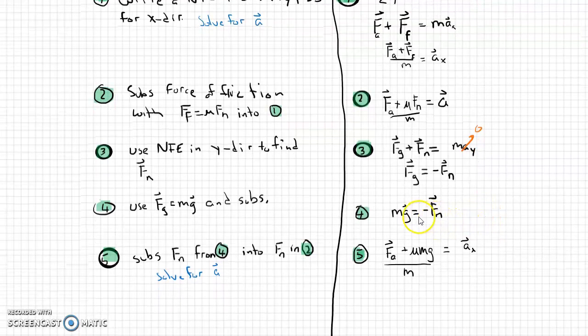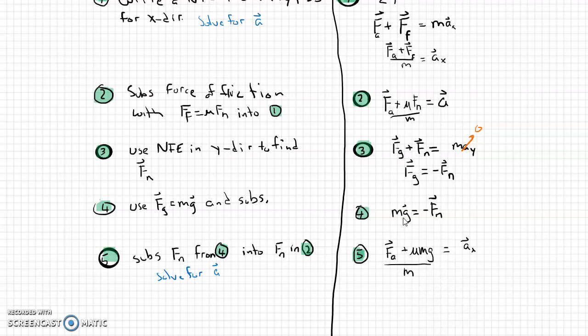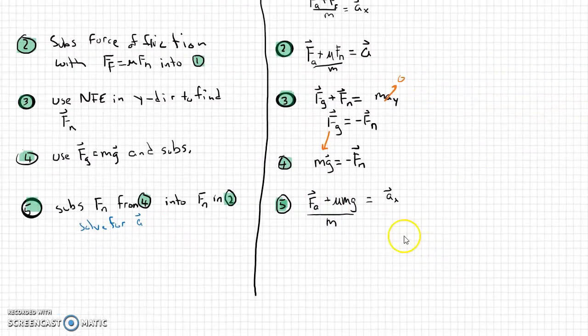Ultimately, if I make this substitution for the force of gravity, I am going to find that the normal force is equal to mass times gravity. As I get down into my last step here, I have the normal force substituted in, and all of this solved for a. Now it's just a matter of substituting in some values.